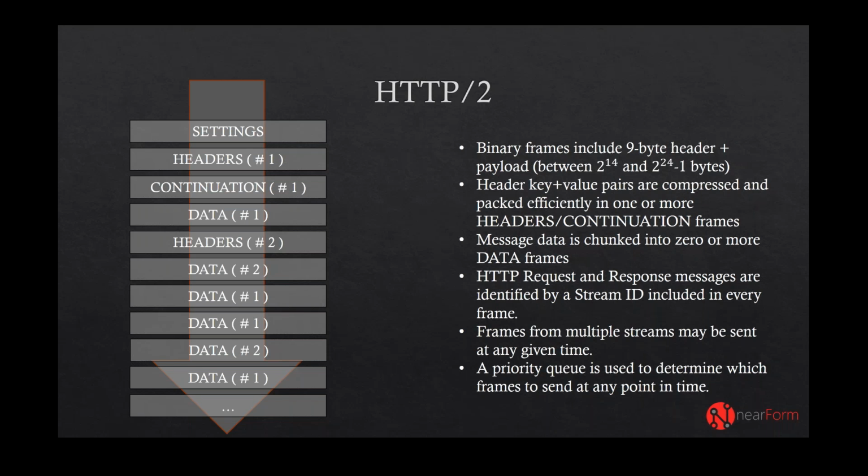So if you have a browser that has multiple tabs open, for instance, you can have a case where only the visible tab has a higher priority for data, and the tabs that aren't visible, while those connections may still be live, have a lower priority, so that data is not going to be sent as quickly. This priority queue is at the heart of HTTP/2 in the implementation, and it's really important to understand how that works in order to get good performance out of the implementation.